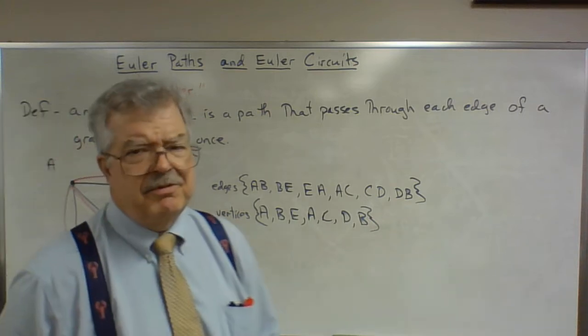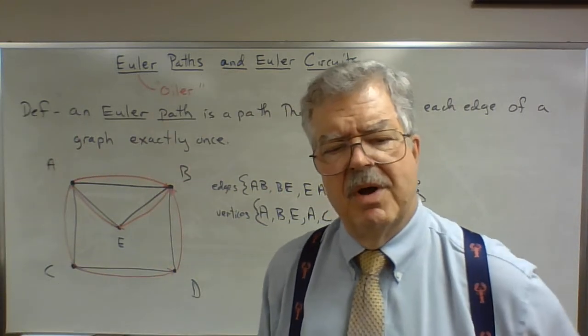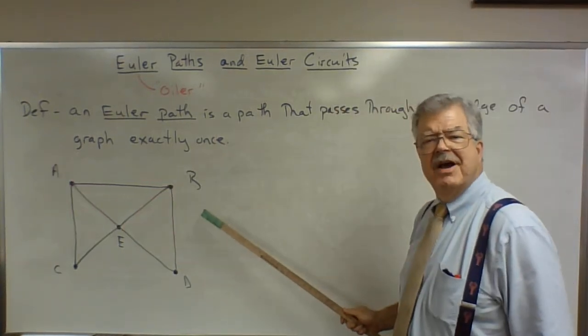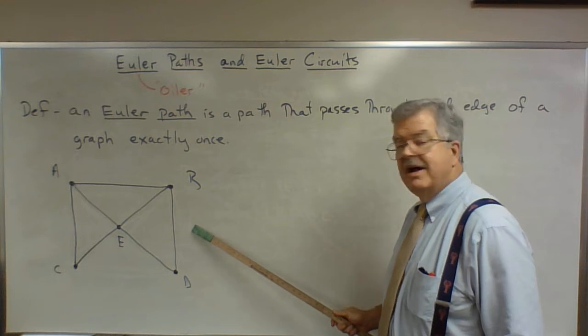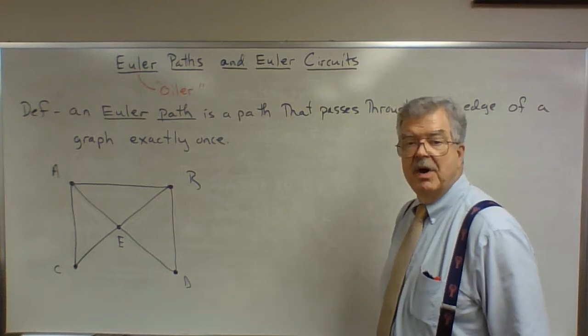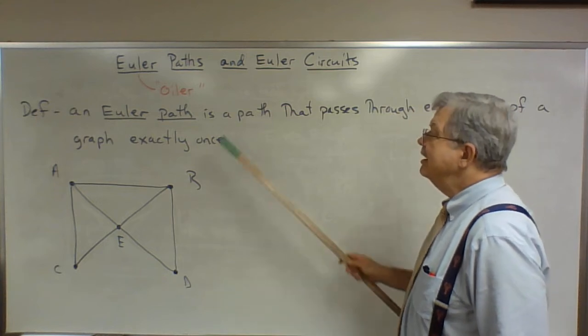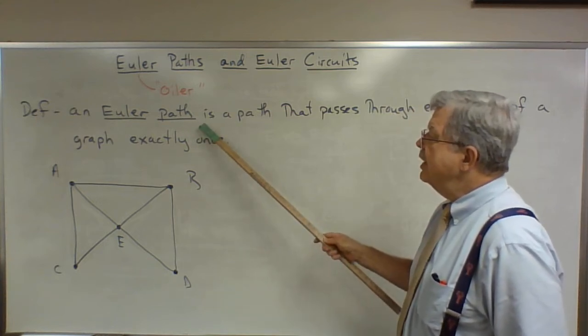Well, that was pretty easy. Let's do another one. Here's another nice graph. Kind of looks like the first one, not exactly the same. Again, I want to create an Euler path.